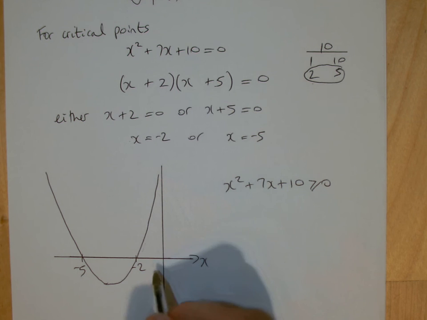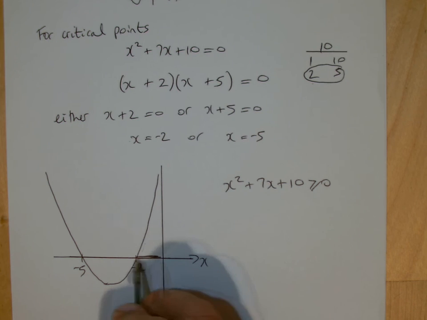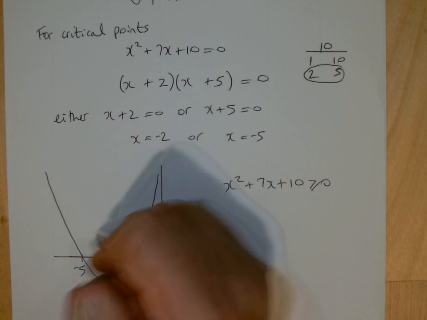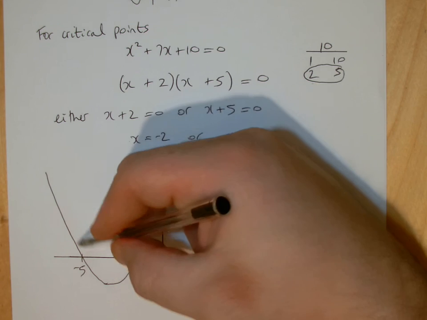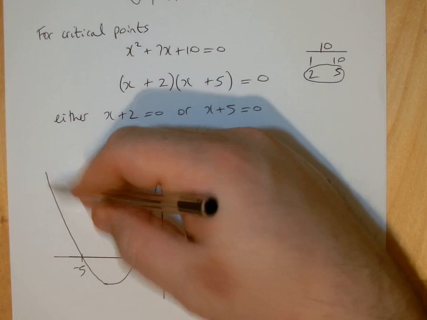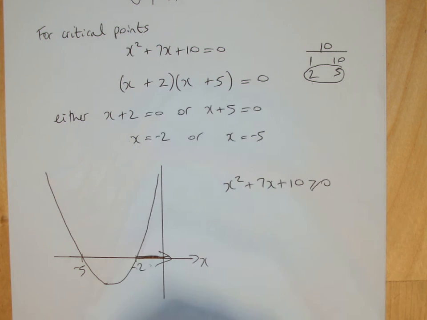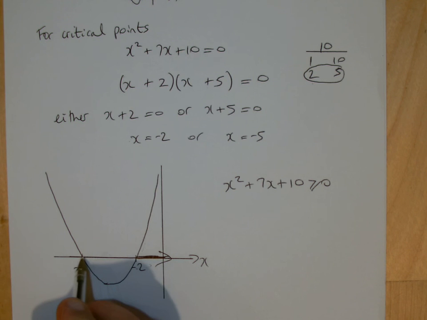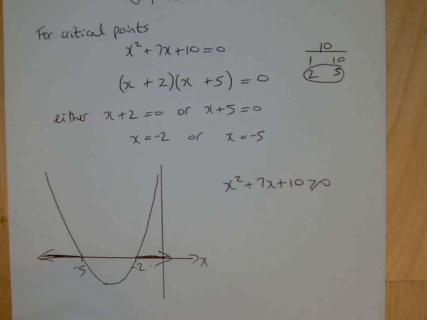It's going to be all of these x values beyond minus 2, so greater than minus 2. Or it could be this section of the curve here, that gives us a positive value. So it's all those values from minus 5 downwards, to negative infinity.